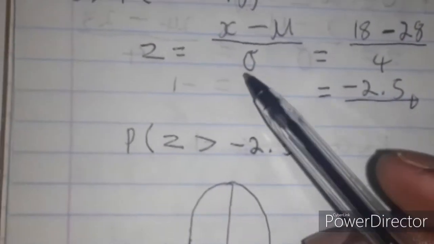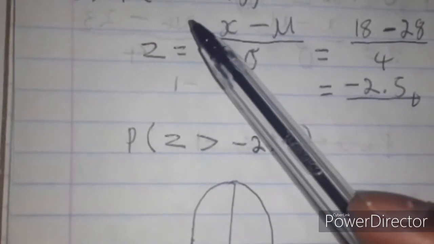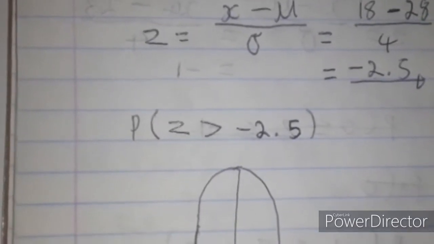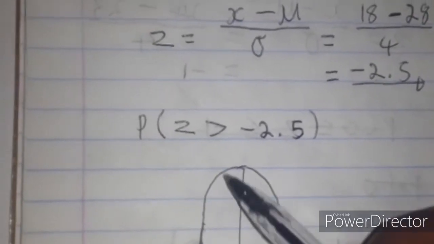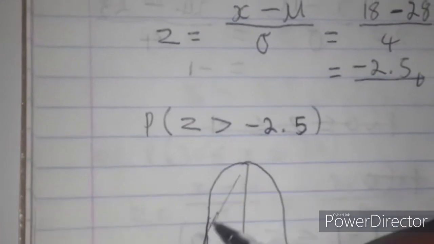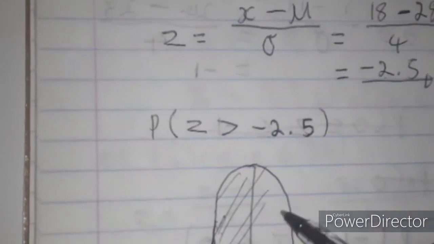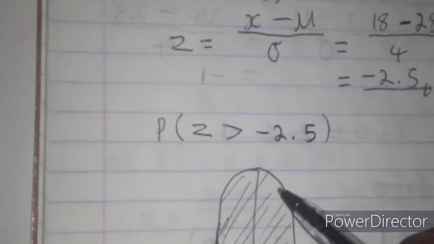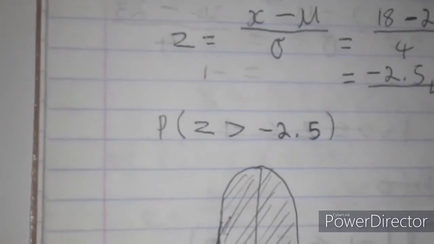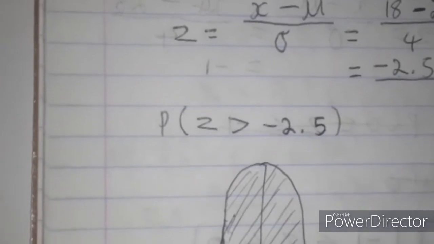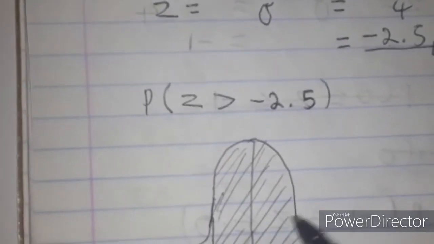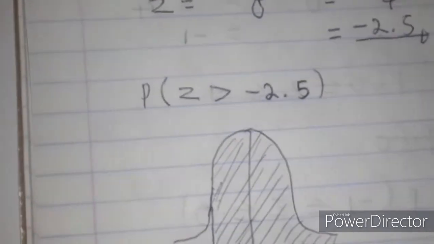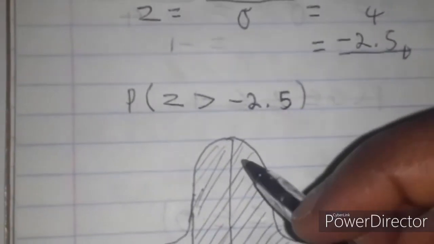The question says more than 18 months, so the part that is more than 18 months is all this side. From here up to here, this is more than 18, and this is less than 18.